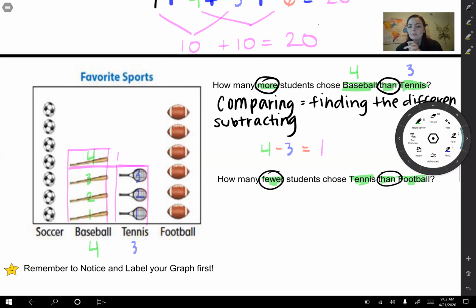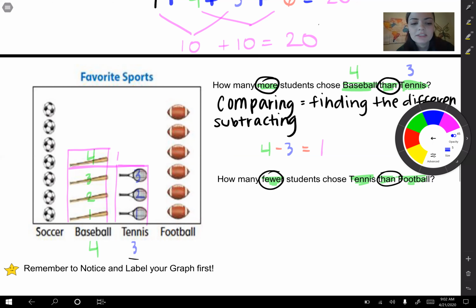Not always, but in this sentence, how many fewer students choose tennis than football? I'm going to do the same thing I did last time. I'm going to compare and find the difference. First, we're going to go ahead and find our information. So for tennis, we already have it. Awesome. We did our work, so we don't have to do it again.